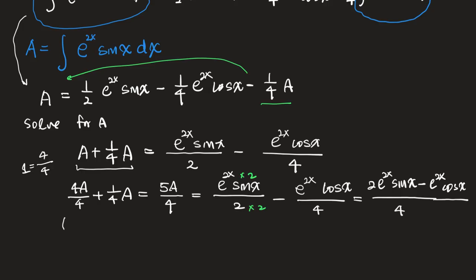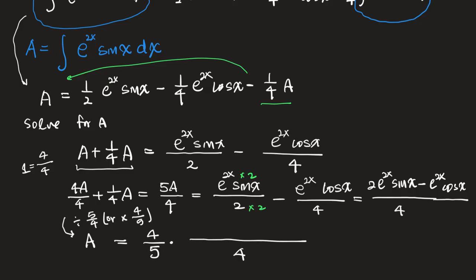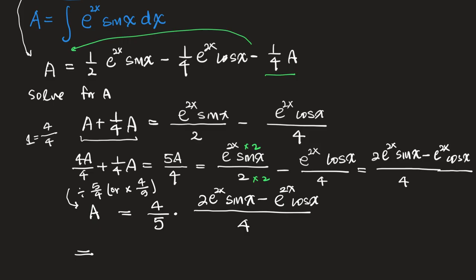So 5a over 4 equals this. We want to find the value of a, right? So you divide by 5 over 4, or multiply by 4 over 5. That's the idea, right, guys? So here is 4 over 5 times (2e to the 2x sine x minus e to the 2x cosine x) over 4. Now the 4 is gone.